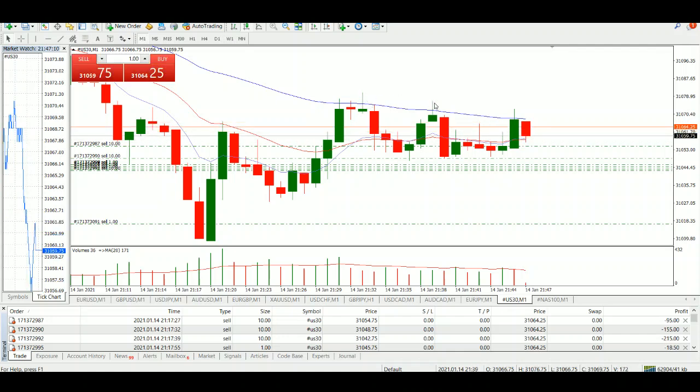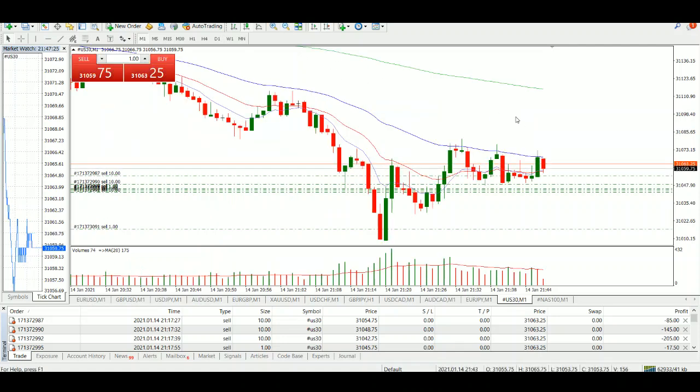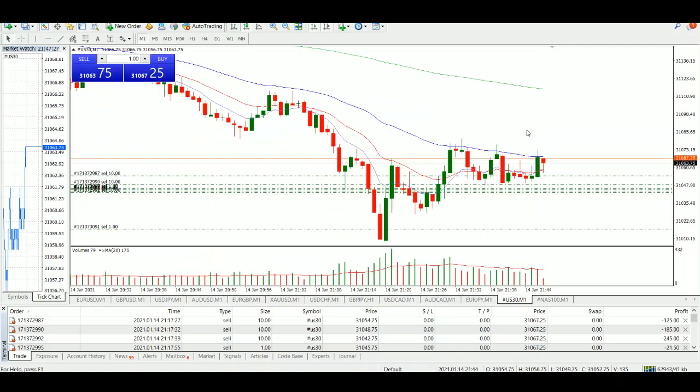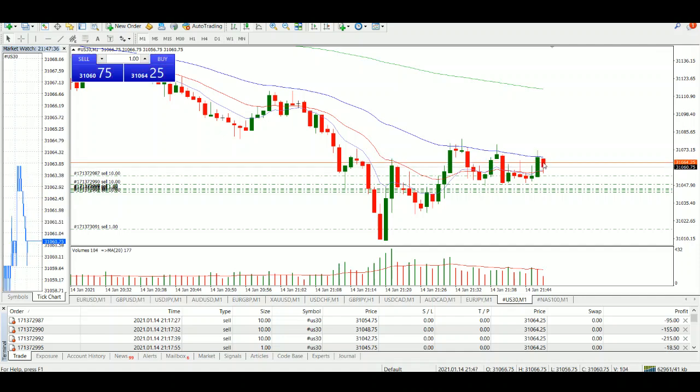These candles are always rejected. Price is always unable to break this resistance area, the second one. Once moving above EMA 50, it's returning immediately. And the bounce off should be starting from there.